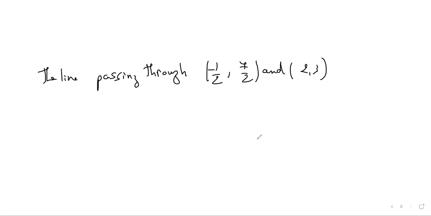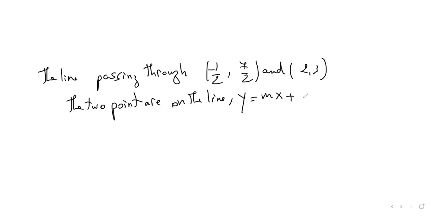So I can get the gradient, right? Either you get the gradient and then you get the equation, or I can set up a linear system. I know that the 2 points are on the line. And the line I can write in this form: y is equal to mx plus c, or p. Let's write it like that. My aim is to find m and p.